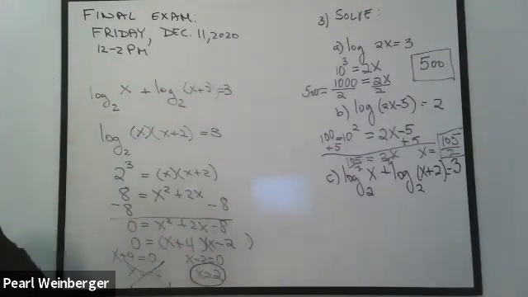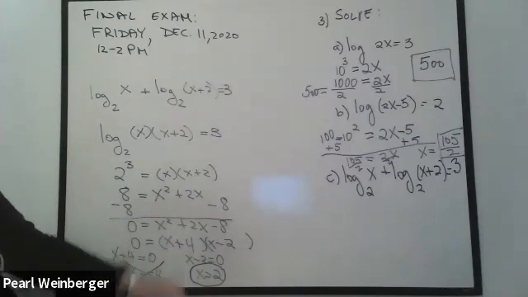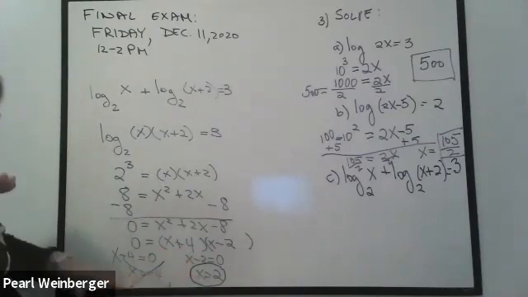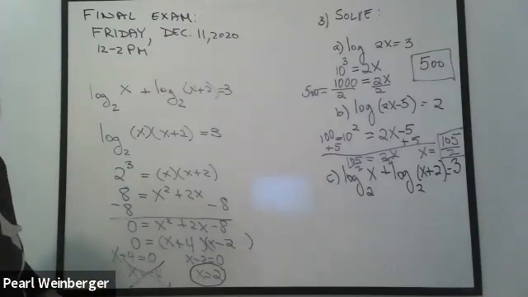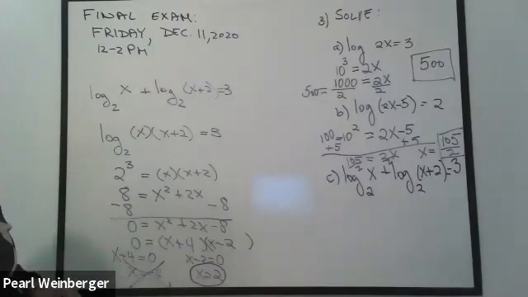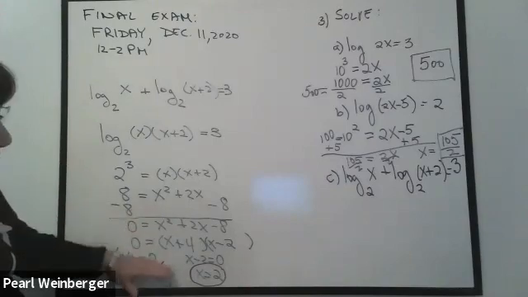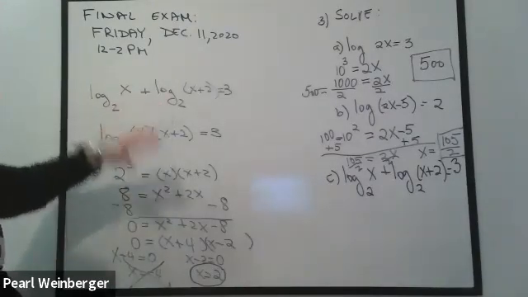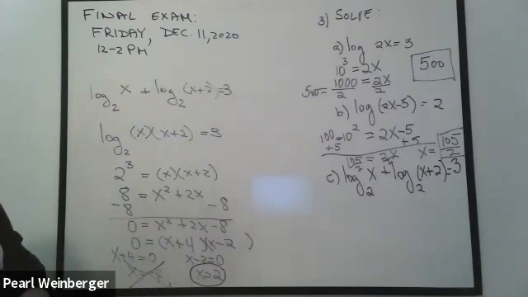If you would have just stopped here and not thought, and given both answers, and they give you -4 as an option, you would get this question wrong. You have to reject the answer that doesn't work, the answer that is an extraneous root, because you're not allowed to use it. So our answer in this case was x equal to 2.